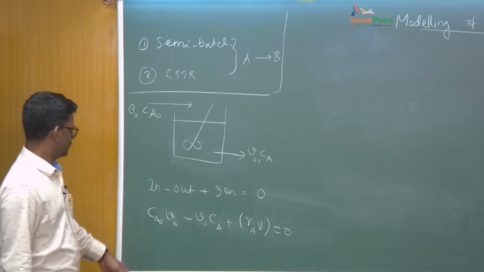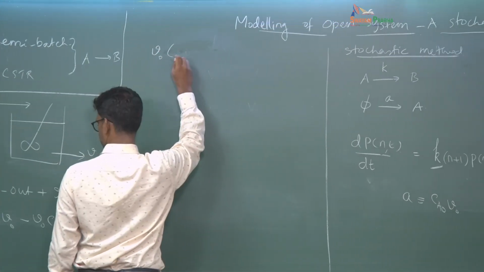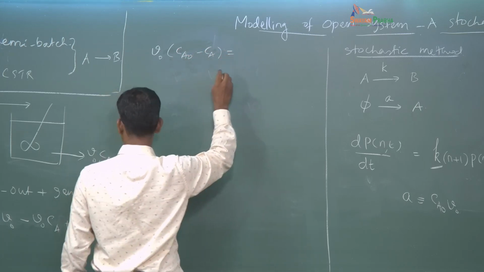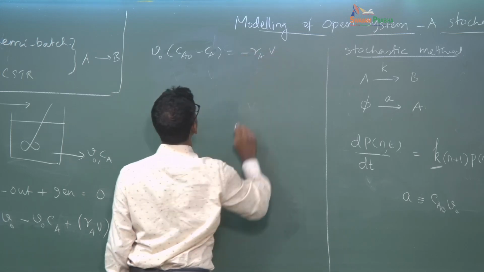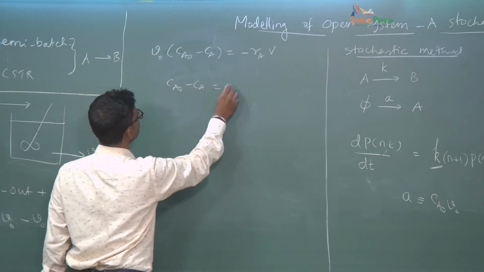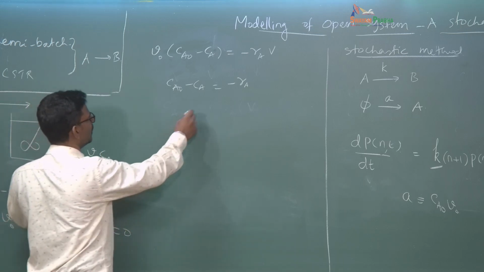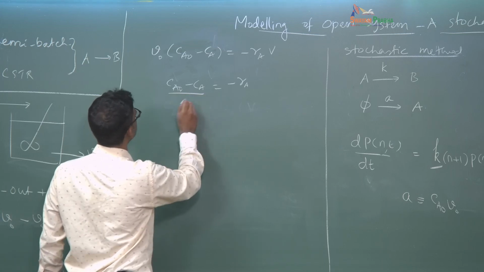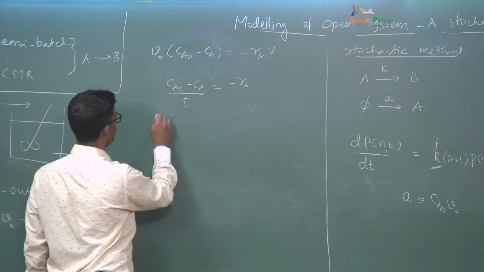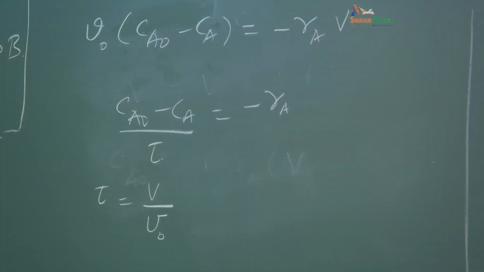So what you get from here is V naught into CA naught minus CA equal to minus RAV, and CA naught minus CA is equal to minus RA times tau, where tau is the volume of the reactor divided by the volumetric flow rate.